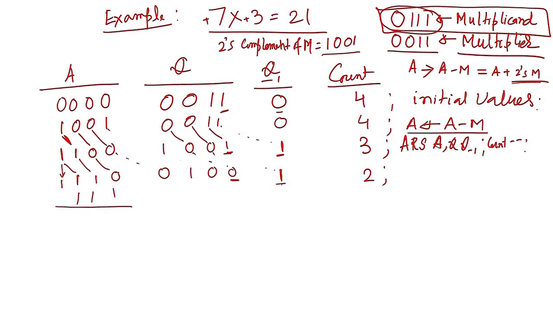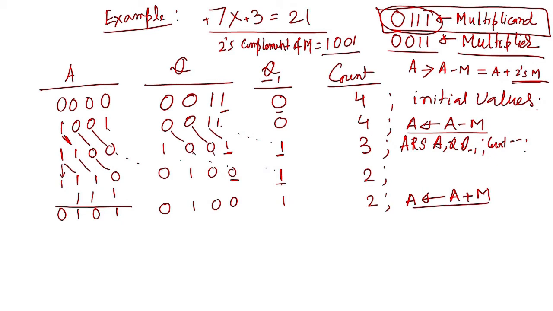So, if you add it, 1 0 1 1 1 plus 0 1 1 gives 0 1 0 0 1, carry no need to check. Now the addition is performed. We did the operation A equal to A plus m.